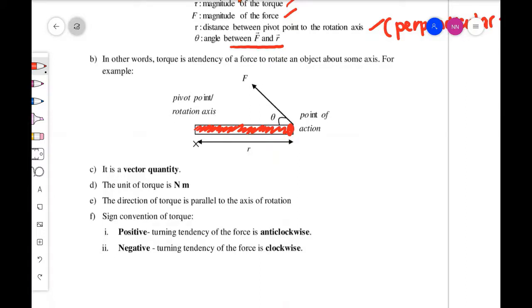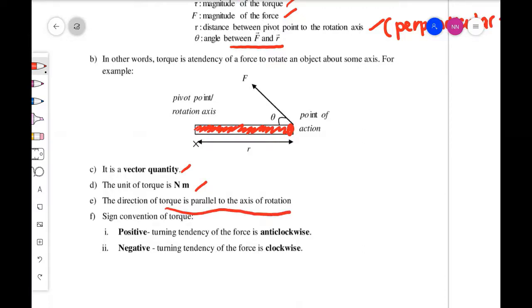Dia ada kecenderungan untuk terpusing, untuk buat rotational motion. So torque is a vector quantity and the unit is Newton meter. Direction of torque is parallel to the axis of rotation.